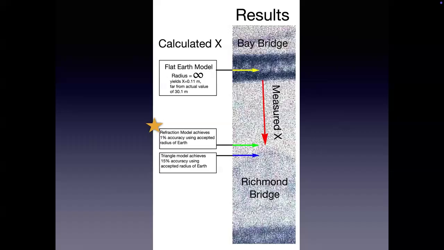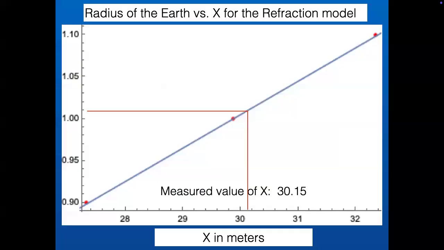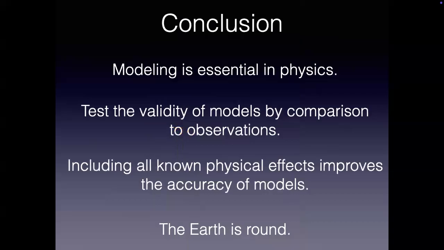Let's see. Oh, yes, conclusion. I gave this presentation to physics teachers, and underlying it is models. Models are important. They have various components, you can put them together, and you test the validity of your model by comparing with observations.